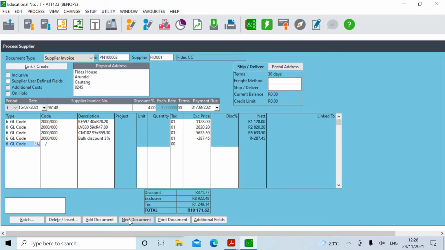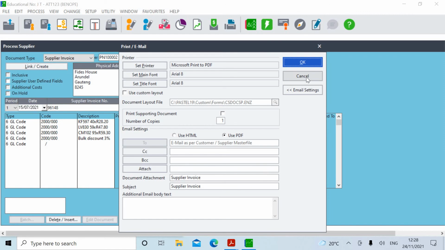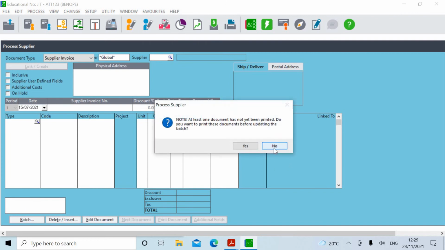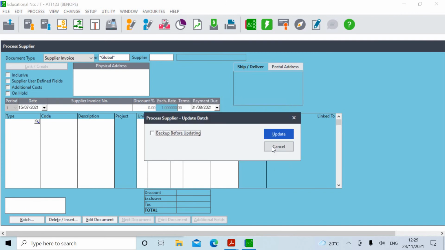Then we can complete the invoice by selecting next document, cancel the printing. We have completed both invoices, so we can go to batch and update, select no to printing and update.